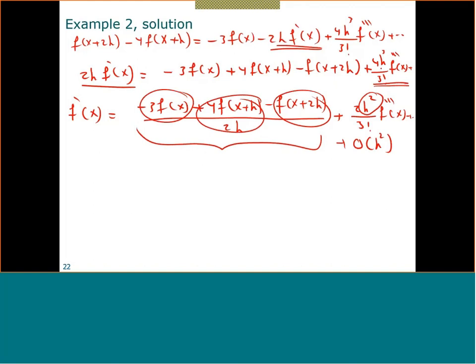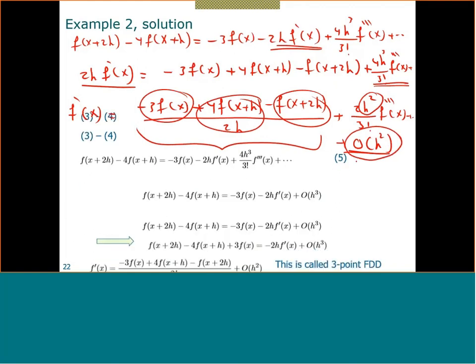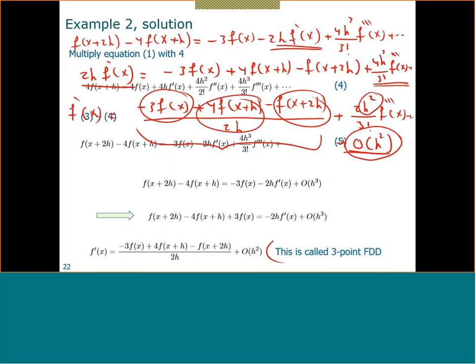This is the highest error, because remember, h is a small number, so h squared is higher than h to the power 4. So this is the highest order of the error. Anything else can be neglected with respect to this one, and in the literature this is called a 3-point forward divided difference.